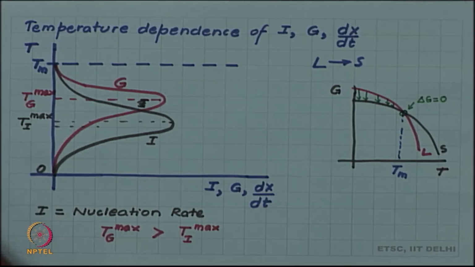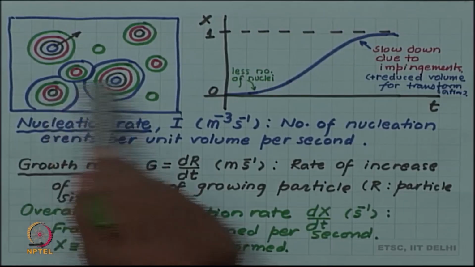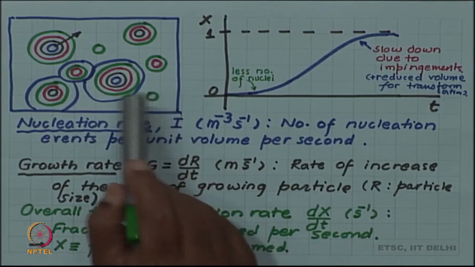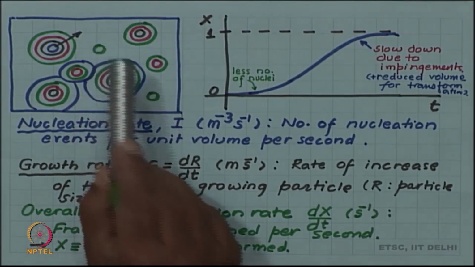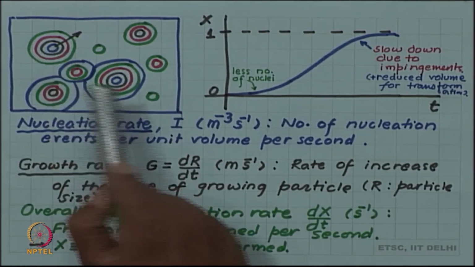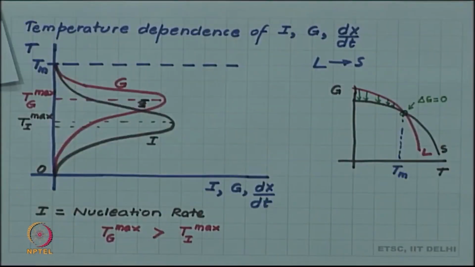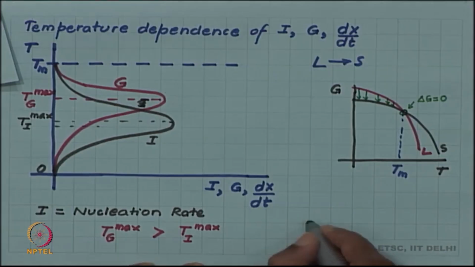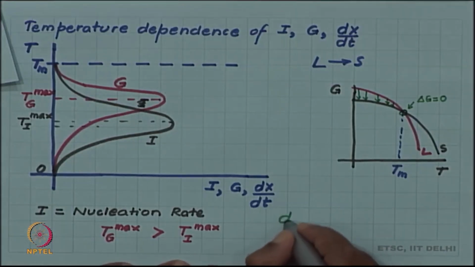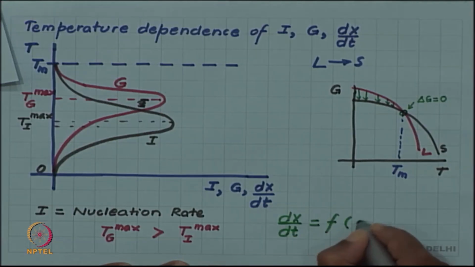Now, the overall transformation, at what rate the overall transformation is happening will depend not only on at what rate the nucleus is forming, but also at what rate the particles are growing. So, the overall transformation rate dx by dt is a function both of the nucleation rate and the growth rate.